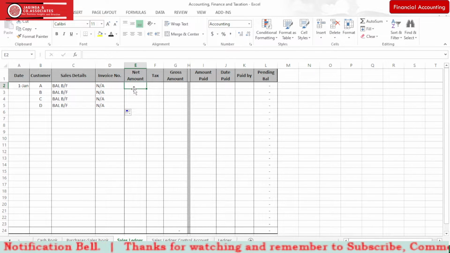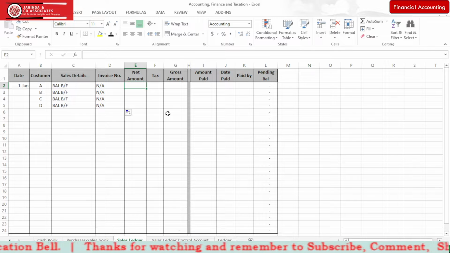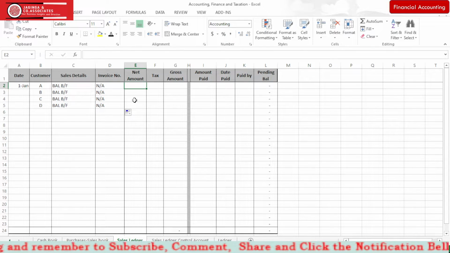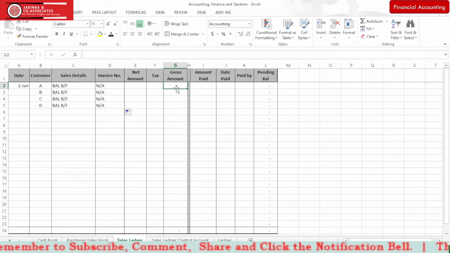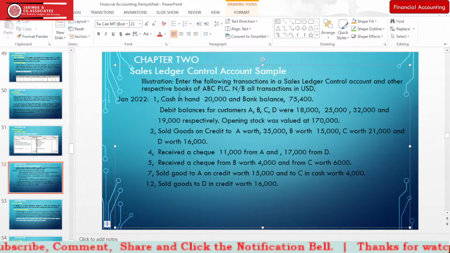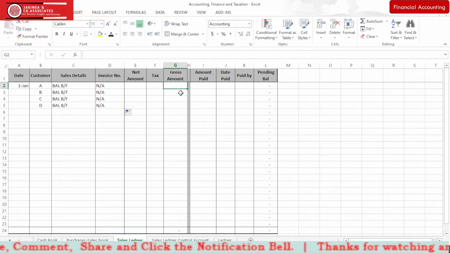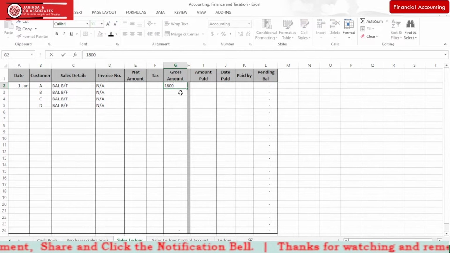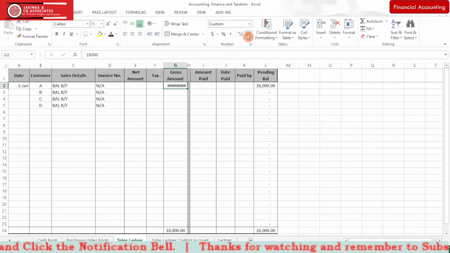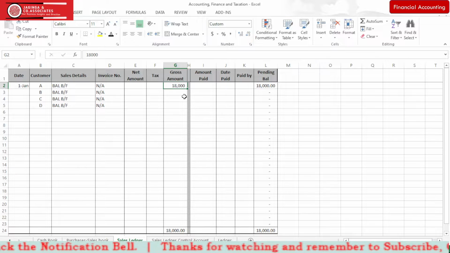Then the net amount, let's talk of the gross amount, because we cannot tell the net amount of the previous balances that we are now bringing forward. So we have here customer A 18,000. Let me just reduce the decimal places.